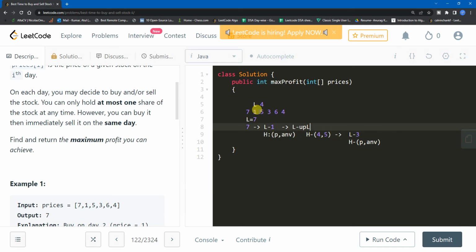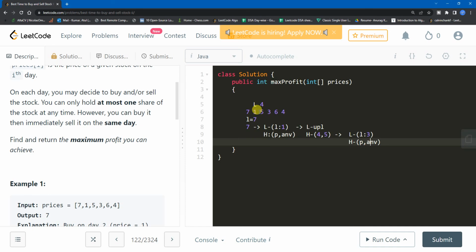It is good to write here a small l, l for lesser. Then we will update the small l, that is, update the lower value. Since we get the lower value, I'm writing l equal to 3, sorry, it is 3.